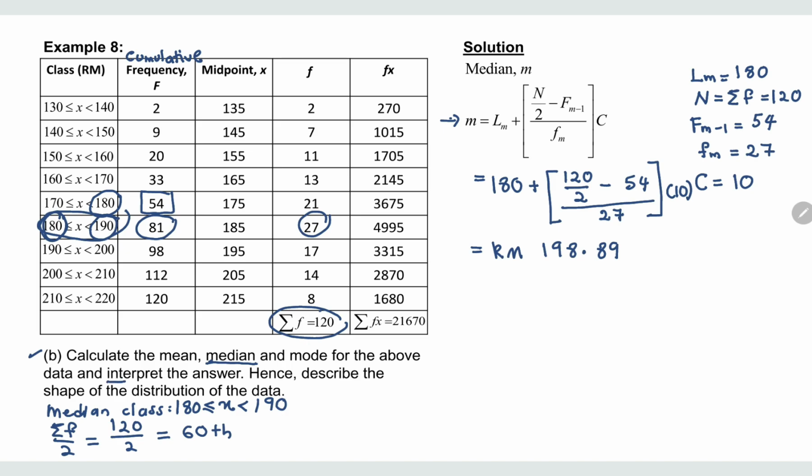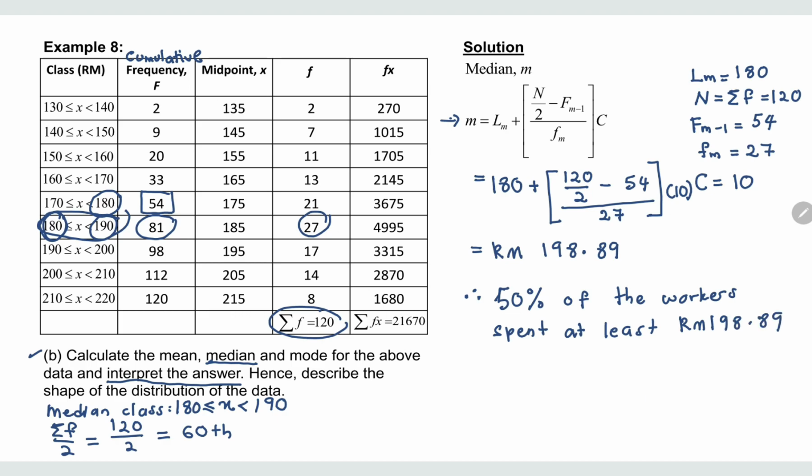Next, we need to interpret the answer. Therefore, 50% of the workers spend at least RM198.89 on fuels.